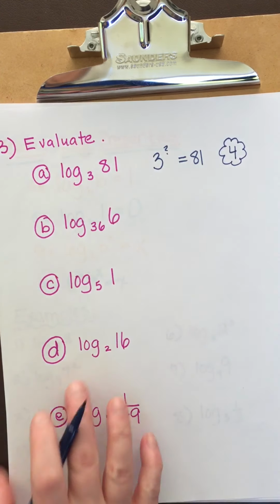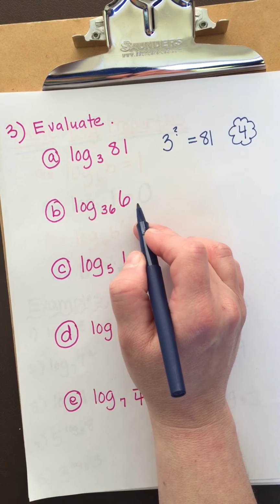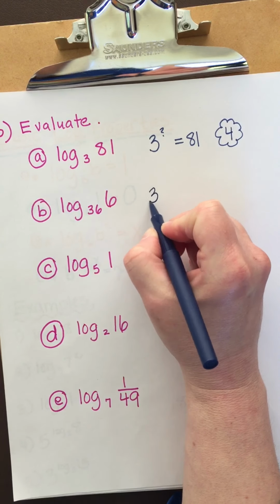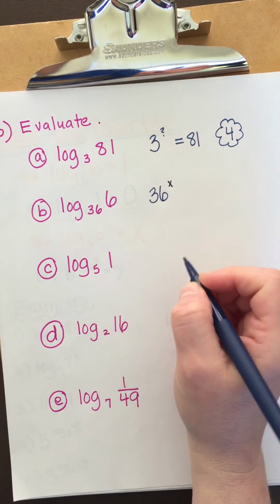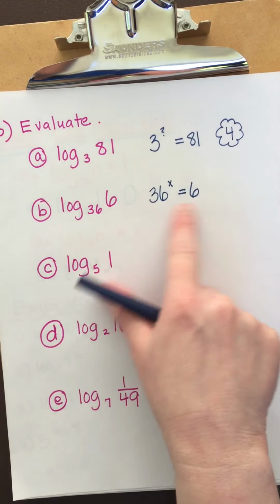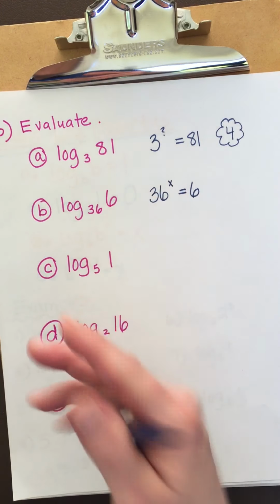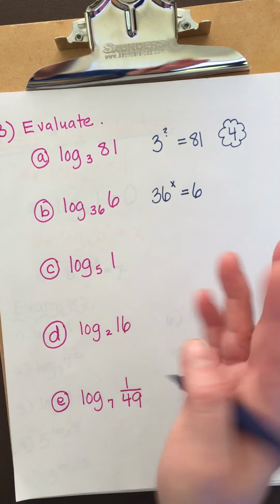All right, let's try another one. We have log base 36 of 6. So that's the same thing as saying 36 raised to the what, I'm going to use a variable this time, equals 6. So what's the relationship between 36 and 6? I mean, 36 squared, that's some huge number. I'm obviously going to have what kind of number?